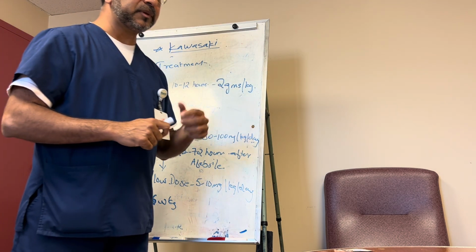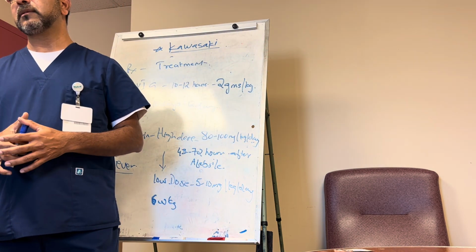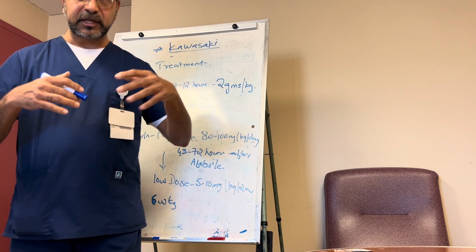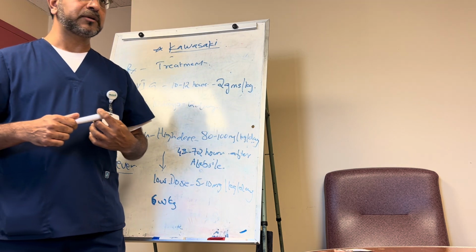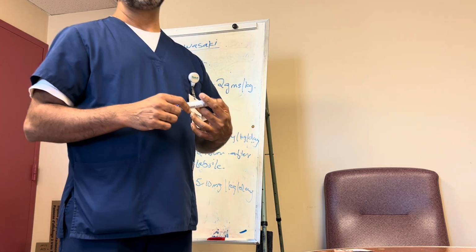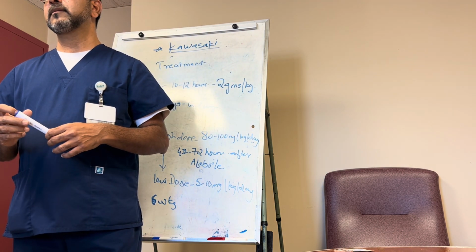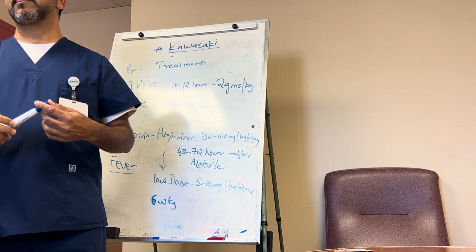Okay, say for example you have a 4-year-old kid who was diagnosed with Kawasaki, and you treated them appropriately, and you're sending this patient home. What's one precaution you want to tell the family or his primary care doctor? Vaccines. Good. What about the vaccines? The live vaccines. Okay.